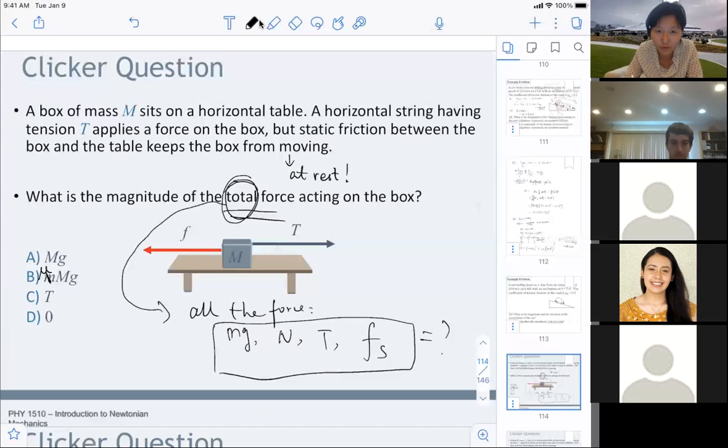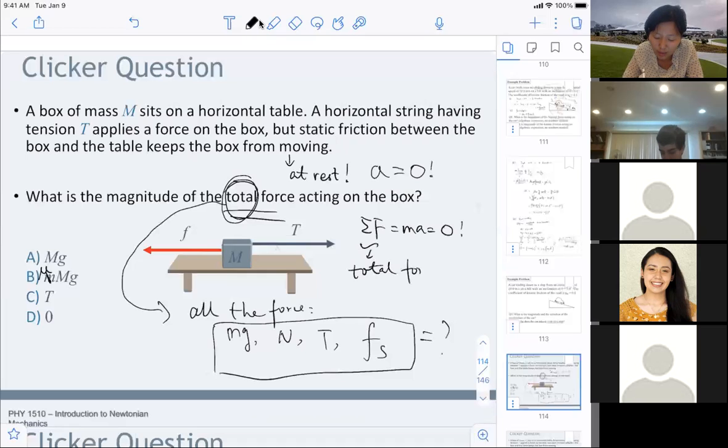A very key piece of information in there is, sometimes don't get too swamped in the details of the forces. Here it's at rest, which means acceleration is 0. We don't even have to calculate the T because the sum of the forces is ma, which is going to be 0. This is the total force, right?